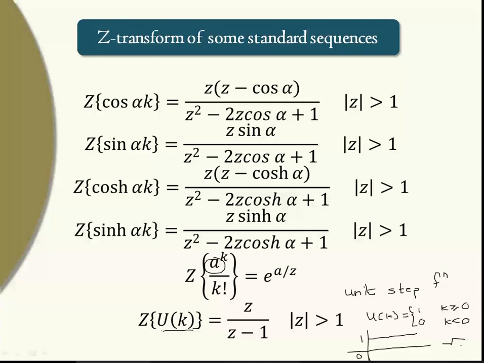So because of the nature of this, it is called a step, and height of that is 1, that is unit. So it is called unit step function. The graph of that is like a step with height 1. In many systems where signals are involved, the unit step function plays a very important role.